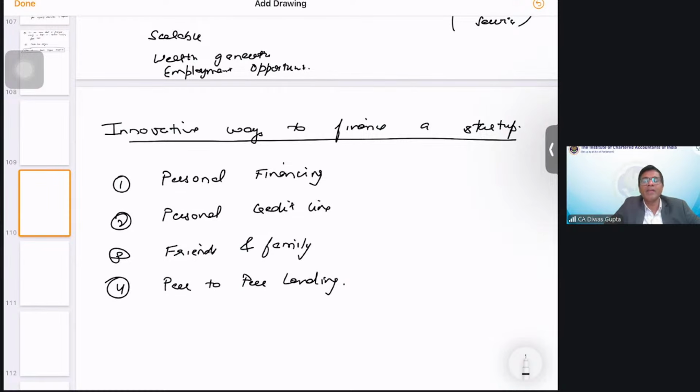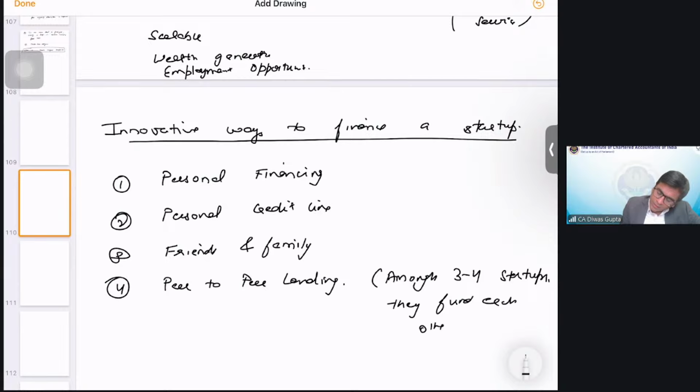And then, amongst themselves, these 3 to 4 startups fund each other; when the need arises, they will give the loan.